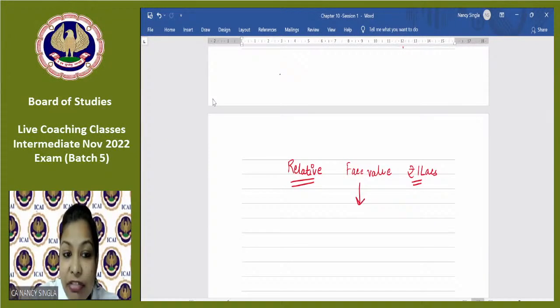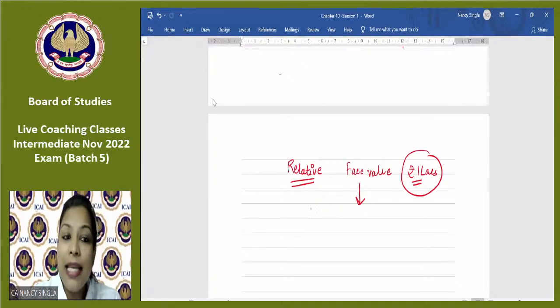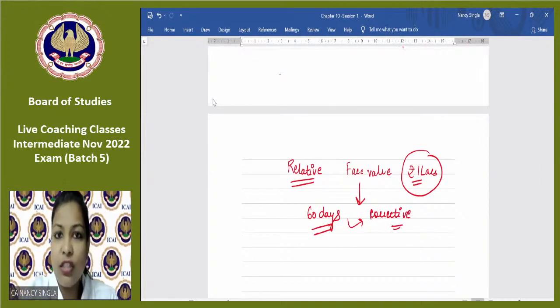And in case the face value exceeds the threshold limit, what is the threshold limit? Here, rupees 1 lakh. Then a 60 days time period has been given to take corrective action. That is, either the relative can sell off such shares or may transfer such shares. That is, the share value should come below 1 lakh.